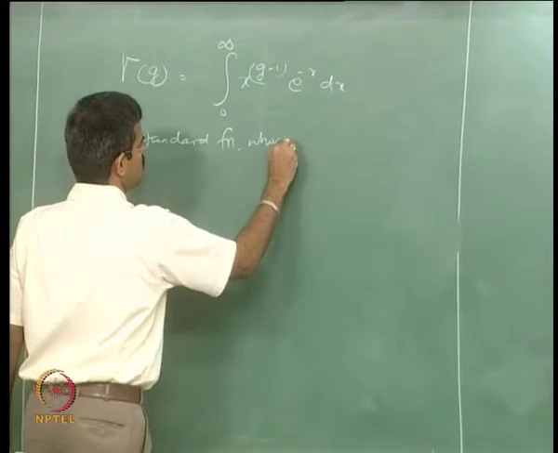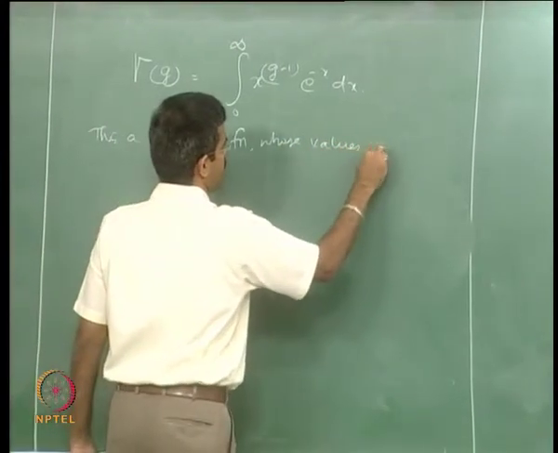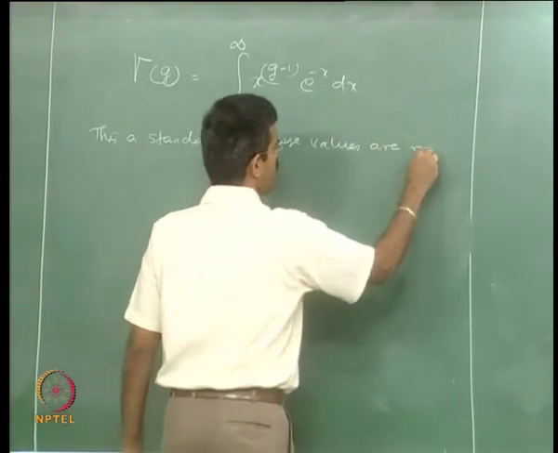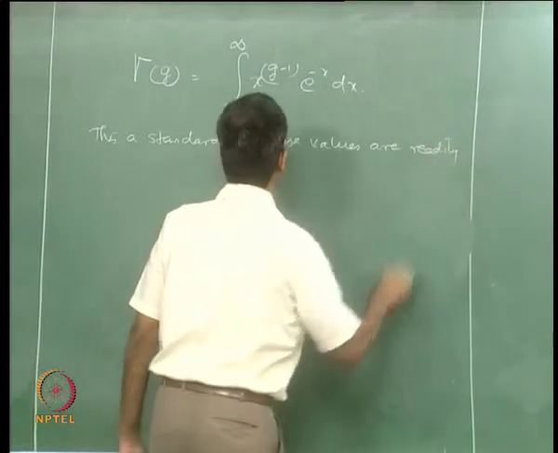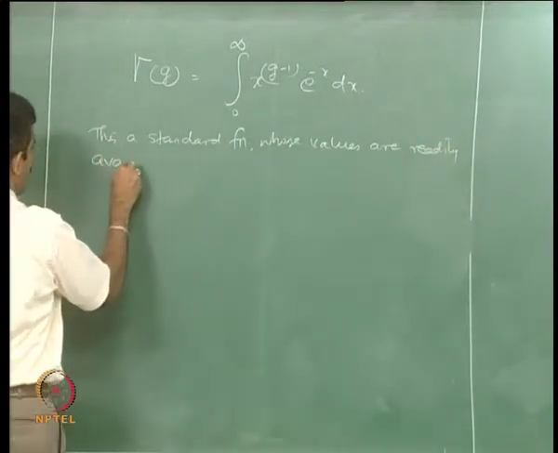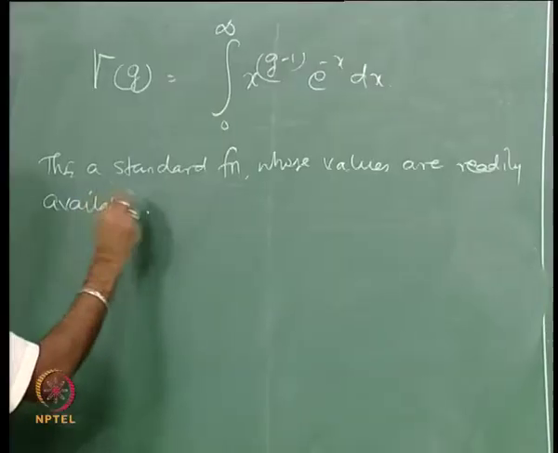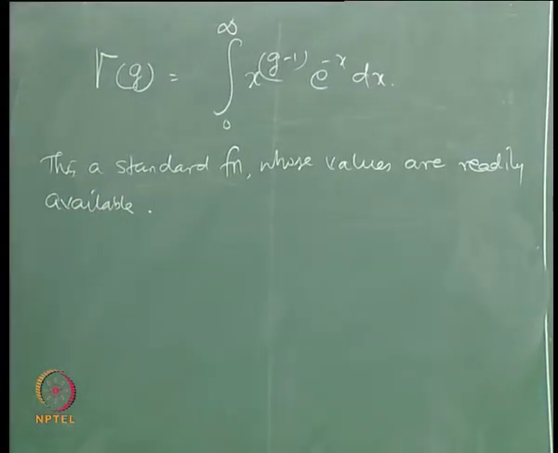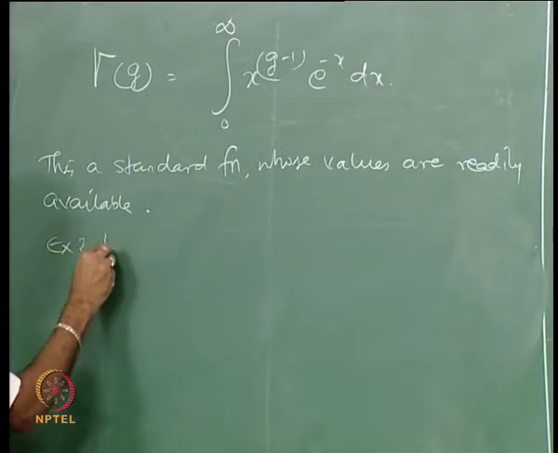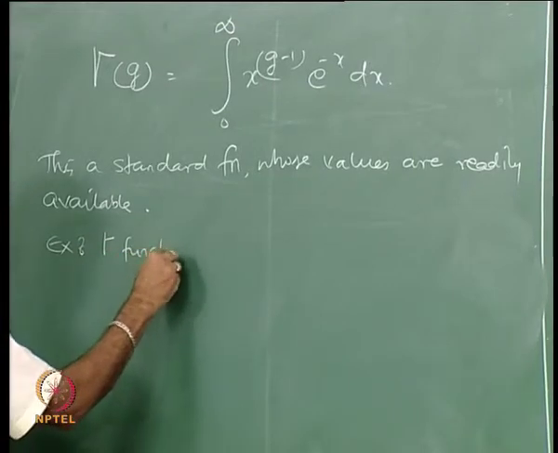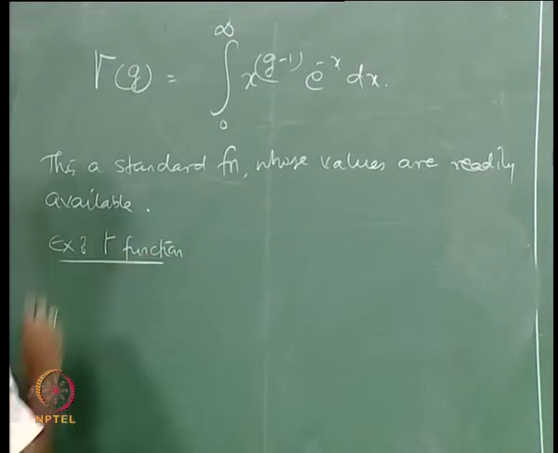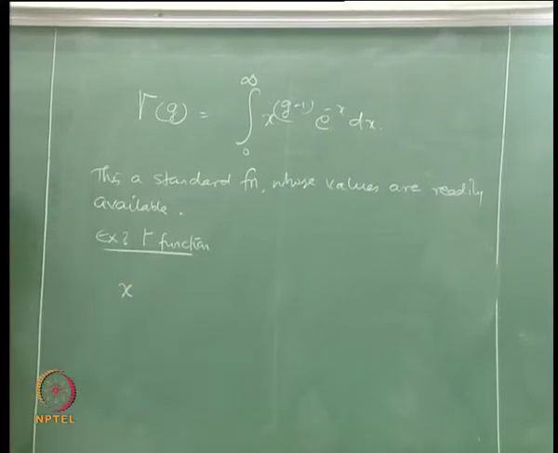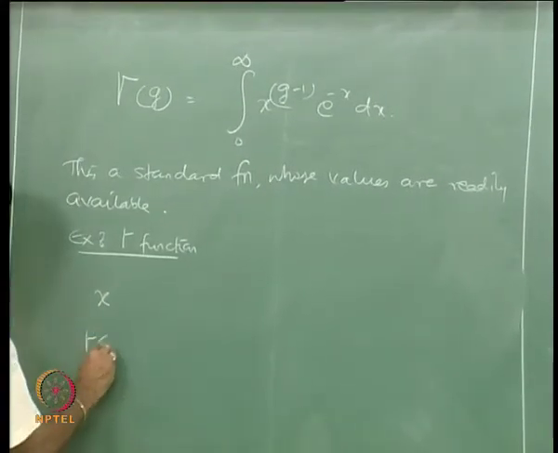whose values are readily available in the table, but still let us try to write down this value. So, an example of the gamma function. Let us say for different values of x I am looking for gamma x.